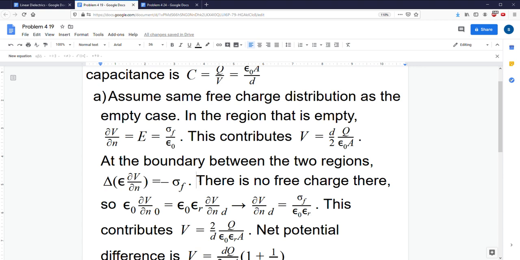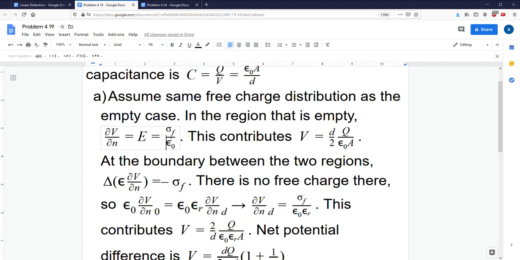All of the surface charge is bound surface charge, which means that this quantity, epsilon times dV dn, should be the same in air as in the dielectric material. In air, epsilon is epsilon naught. In the dielectric material, epsilon is epsilon naught times epsilon R, which means that the rate of change of potential inside the dielectric material is equal to the rate of change of potential in the air divided by epsilon R.